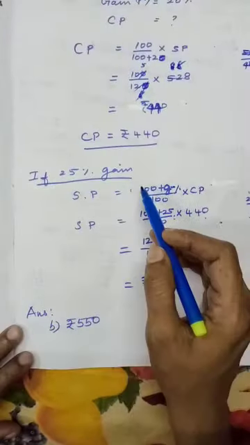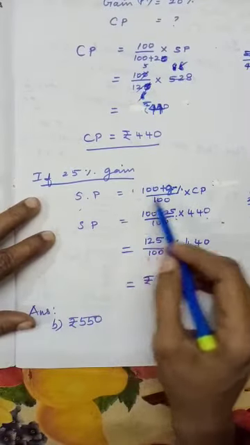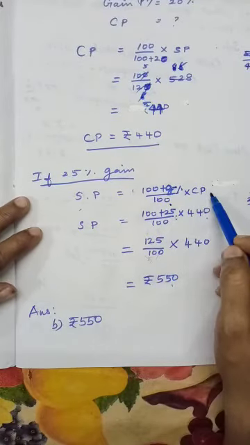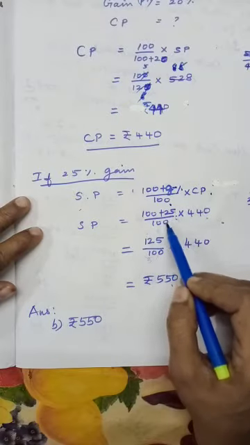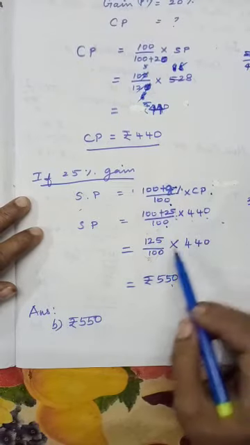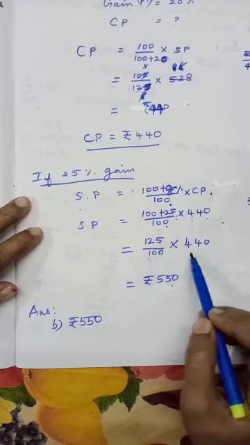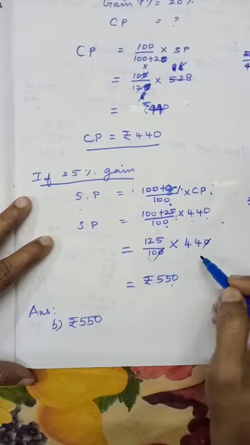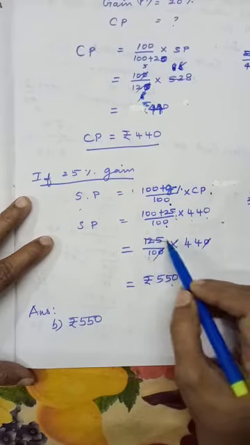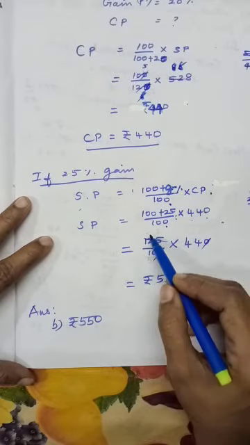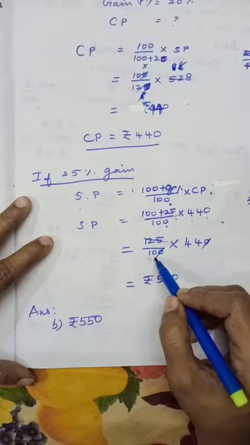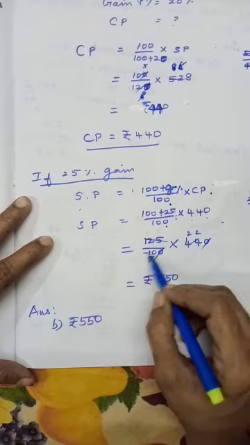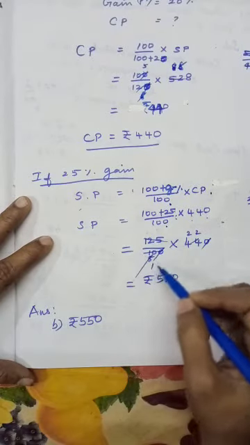If 25% gain means SP is equal to 100 plus gain percentage by 100 into CP. That is 100 plus 25 by 100 into 440. That is 125 by 100 into 440. Now you have to cancel 100. So now you cancel by 2 table. That is 22. Here 5 2s are 10. Again 5 table 1 times.